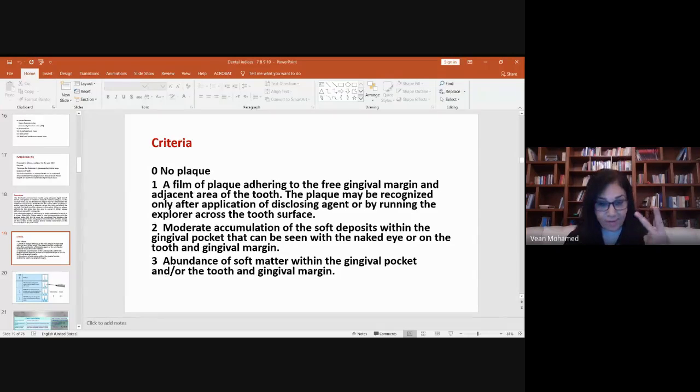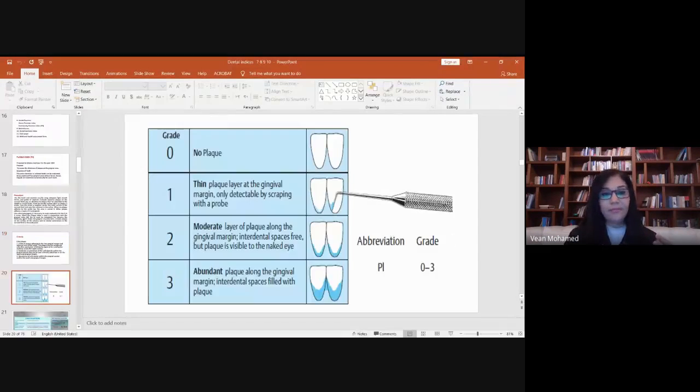Number 2 is moderate accumulation of soft deposit within the gingival pocket. 3 is an abundance, meaning severe, of soft matter within the gingival pocket or gingival margin. From 0 to 3. As there's a good clarification, he's using the explorer moving around the gingival margin and gingival third of the tooth.